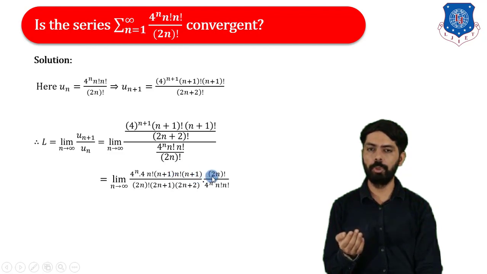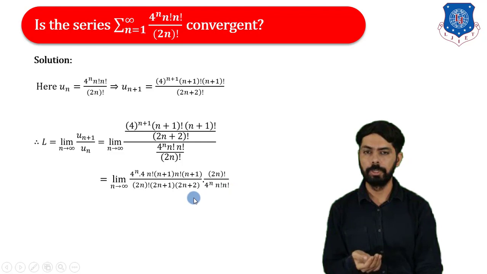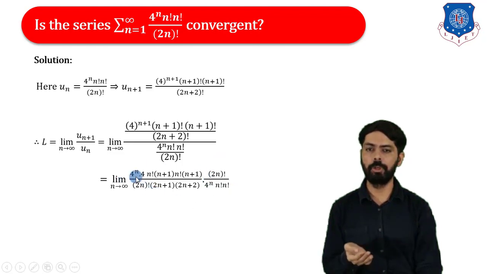Then here it will be (2n) factorial, whole divided by this (2n+2) factorial can be written as (2n+2) into (2n+1) into (2n) factorial, and here it is 4 raised to n into n factorial into n factorial. So here 4 raised to n cancels out. Same way 2n factorial cancels out, same way n factorial cancels out, same way n factorial cancels out.